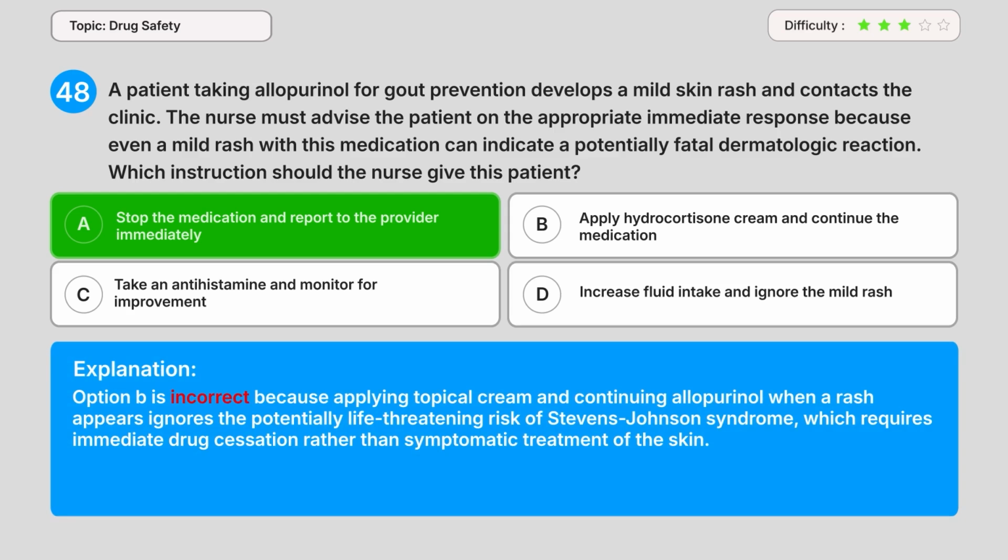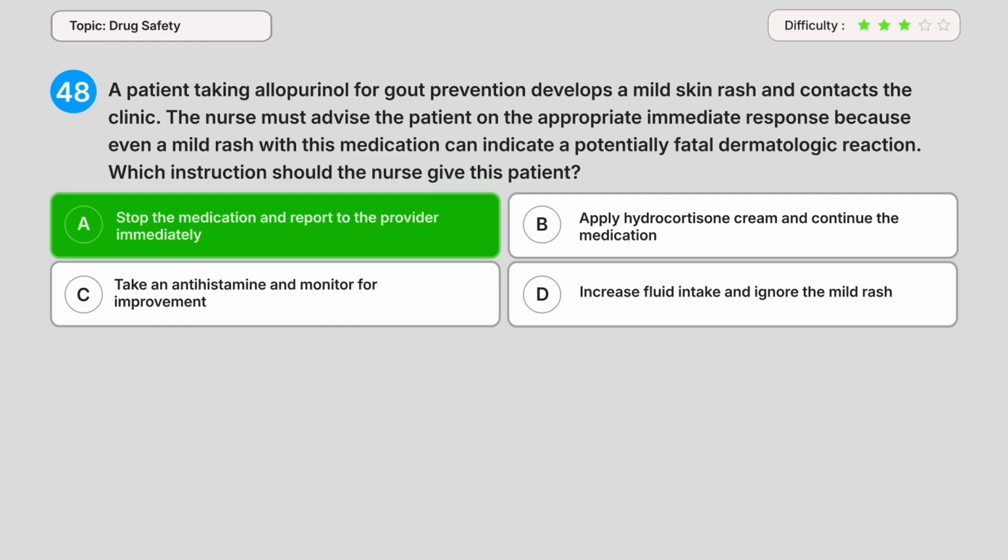Option B is incorrect because applying topical cream and continuing allopurinol when a rash appears ignores the potentially life-threatening risk of Stevens-Johnson syndrome, which requires immediate drug cessation rather than symptomatic treatment of the skin.